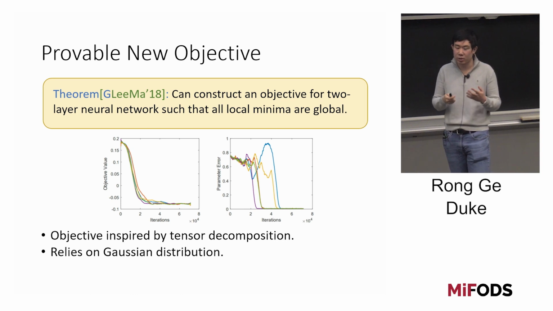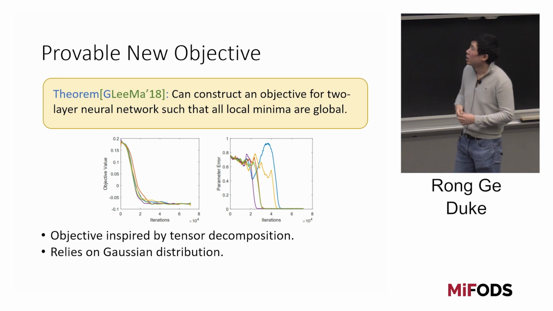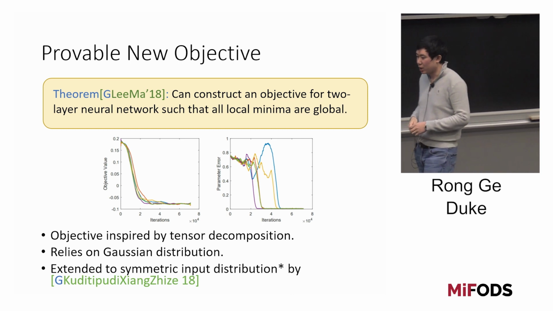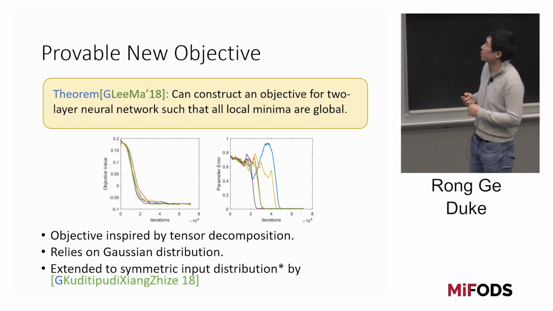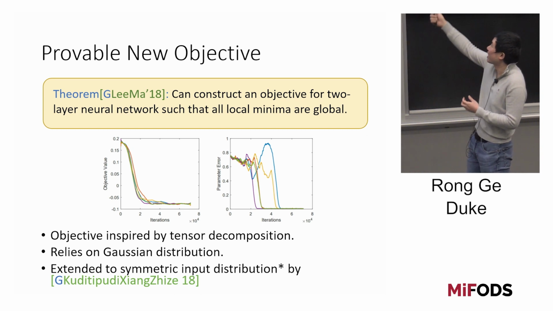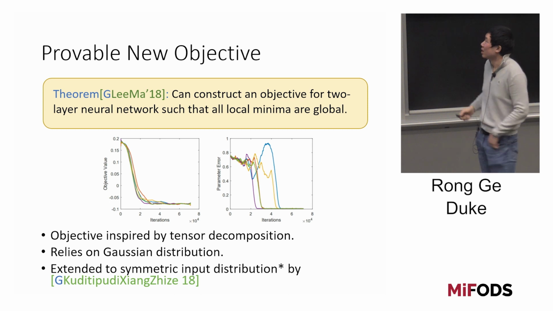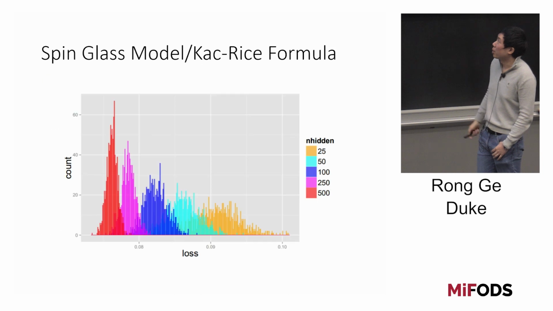When the input is not Gaussian, then our objective function does not work. And that's a huge assumption. Later, we were able to relax these assumptions and extend the result to all symmetric input distributions. Again, I have a star because there are more technical things that we need to assume. And the algorithm is actually not a local search algorithm anymore.